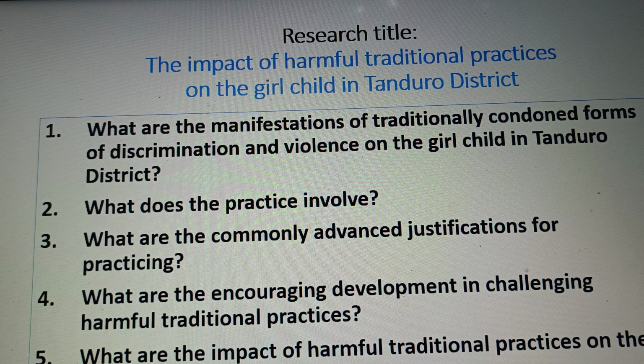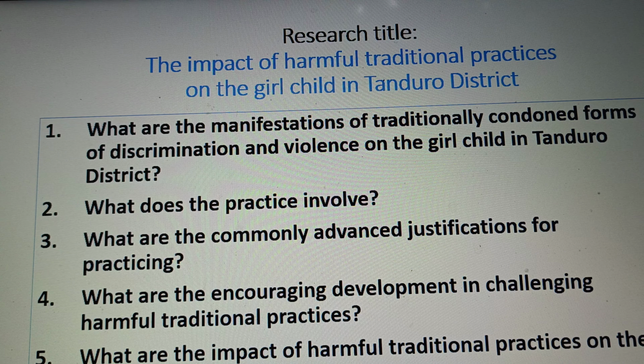One, it is a girl, the female. Third, it is on the child. We are not going to study what is happening to the old age or the married women and the like. We are not going to study the harmful traditional practices on the boys, simply on the girl child. This is what is specified. It is also in Tanduro district.